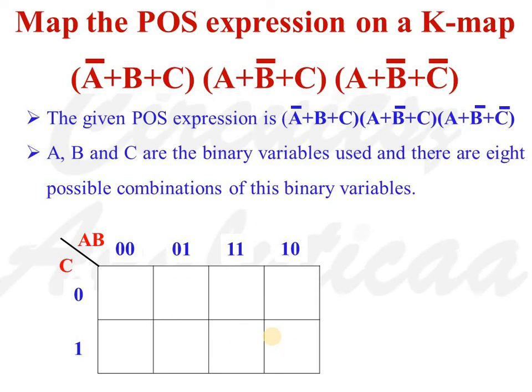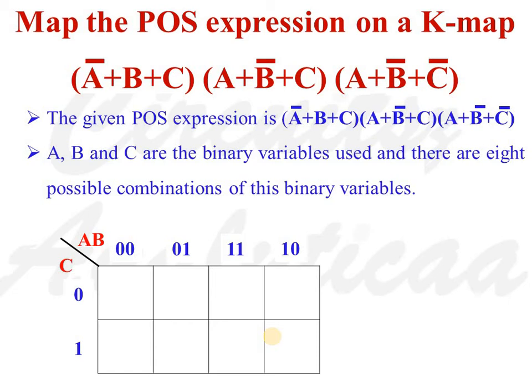Second problem, map the POS expression on a K-map: A bar plus B plus C, into A plus B bar plus C, into A plus B bar plus C bar. The given POS expression is A bar plus B plus C, into A plus B bar plus C, into A plus B bar plus C bar.